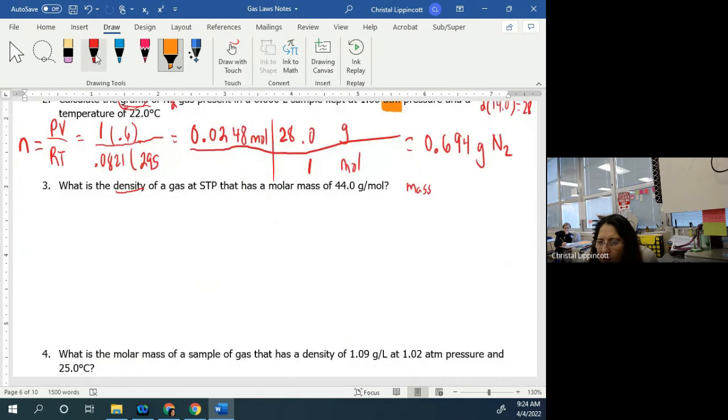Okay, so here's that equation again. PV equals mass times RT over molar mass. All I did was rewrite the equation.